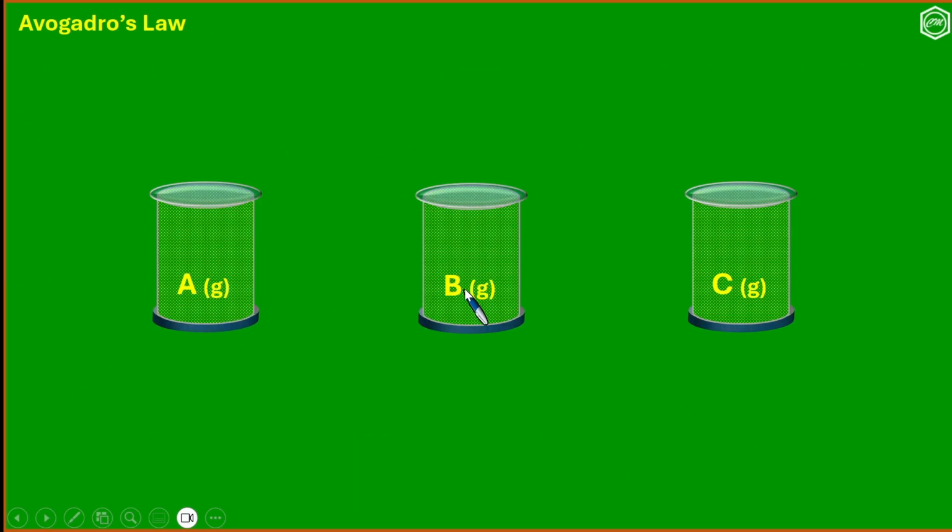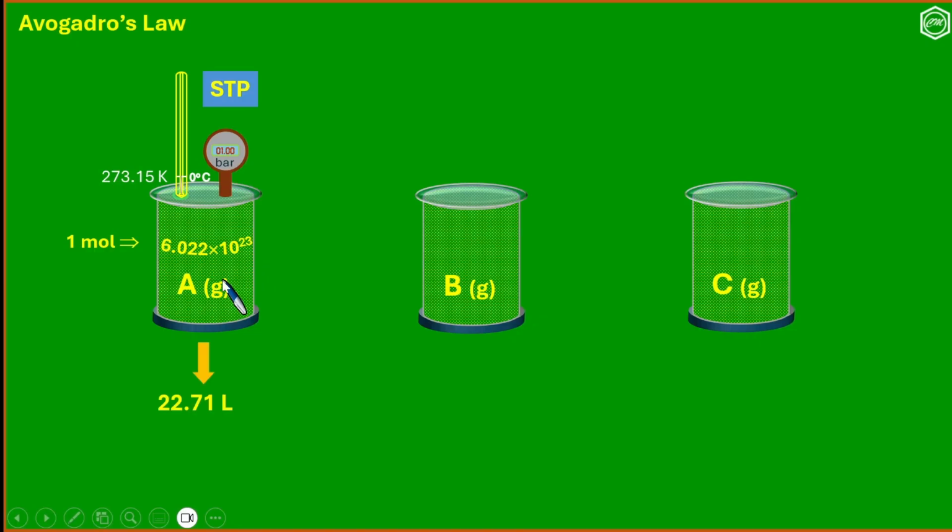Suppose that we have three gases A, B and C. The number of molecules for gas A is 6.022 × 10^23, that is 1 mole, and suppose that it is at a temperature of 273.15 Kelvin or 0 degrees Celsius and a pressure of 1 bar, that is STP. Then the gas will occupy a volume of 22.71 liter.